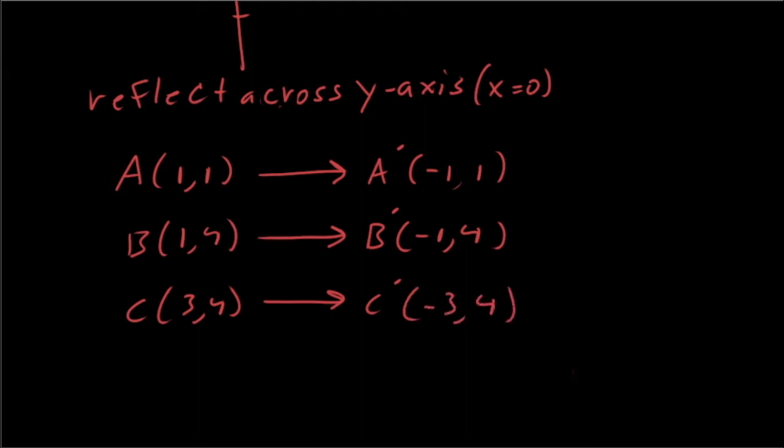Whenever we do reflections, we have to think which variable changes and which one doesn't. The y doesn't change, right? Because 1 goes to 1, 4 goes to 4, and 4 goes to 4. But the x does change. So right off the bat, we need to do minus x. Then we try to find a constant to make the rule work, but it doesn't look like we need one. I think it's just negative x, because 1 goes to negative 1, 1 goes to negative 1, and 3 goes to negative 3. So this is our rule for a reflection across the y-axis, or x equals 0.